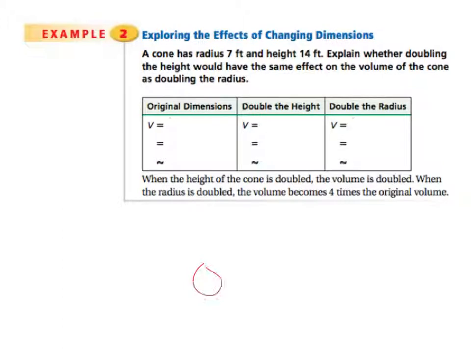So we have a cone, okay, it looks something like this, and they're saying that the radius here is 7 feet, and that the height, this height right here, the dotted line, is 14 feet. And so when we double the height or the radius, we want to see what's the effect, what happens, okay?